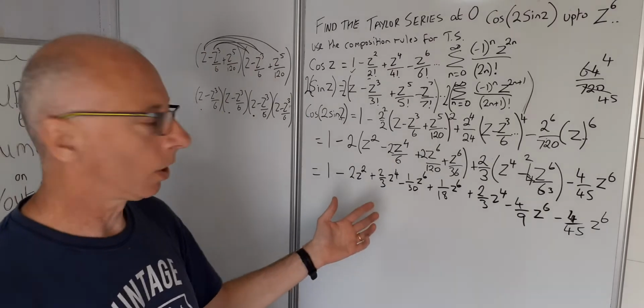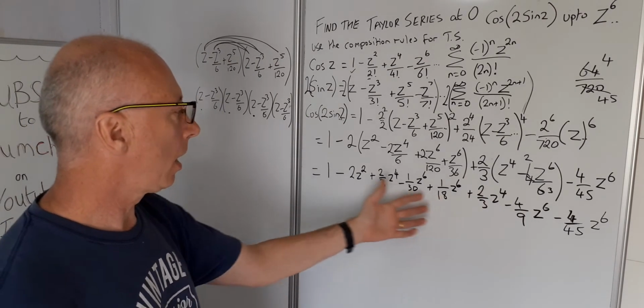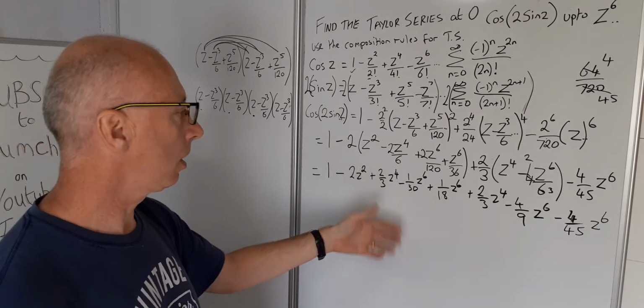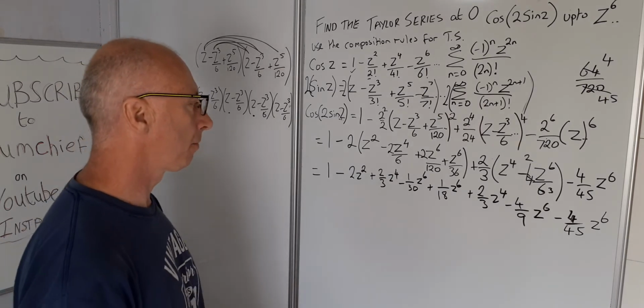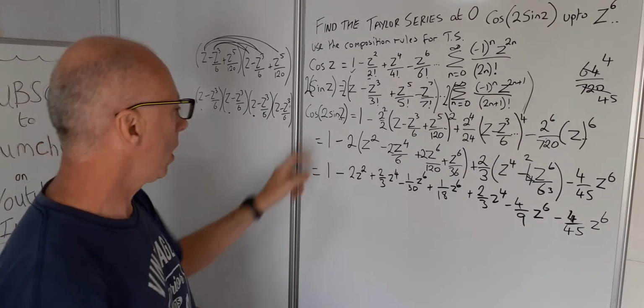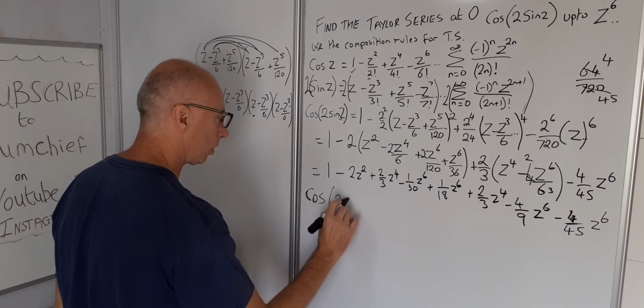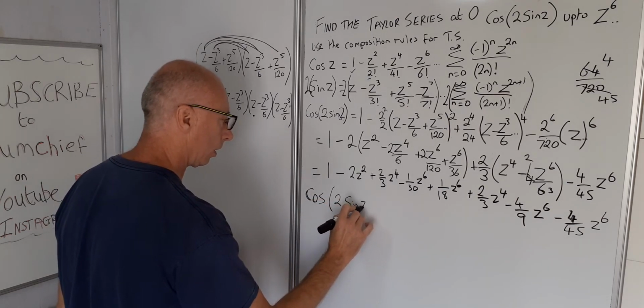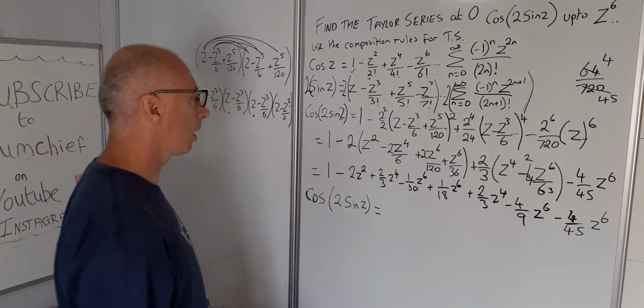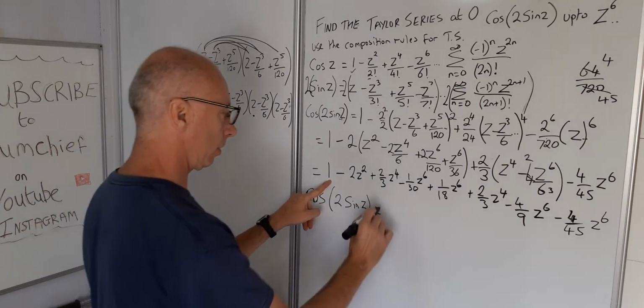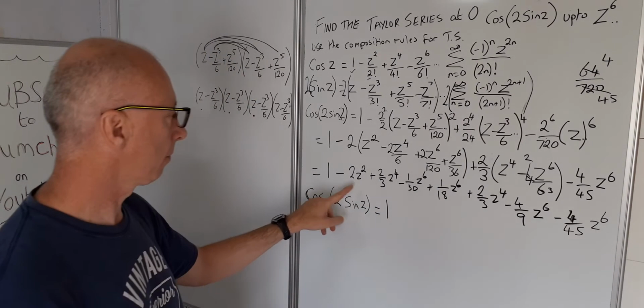Okay, so now what we're going to do is just add up or subtract the like powers, and that will give us straight into the answer. So let's go straight down and write our answer down. Cosine of 2 sine of z equals, so the 1 is the only coefficient, so that stays there.